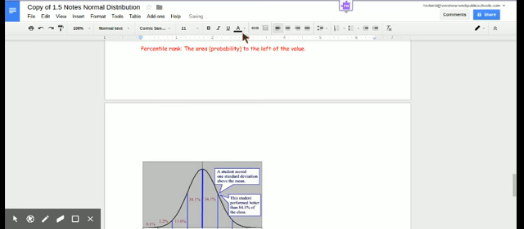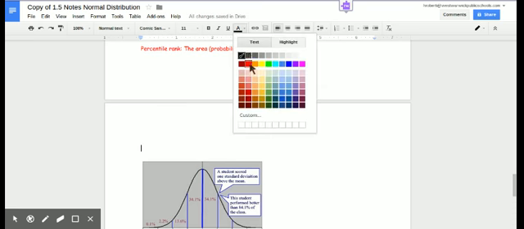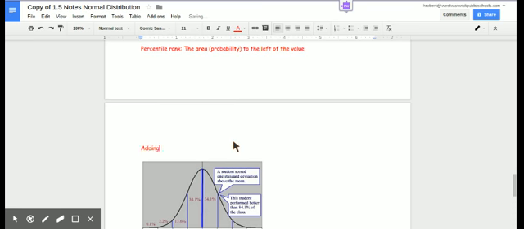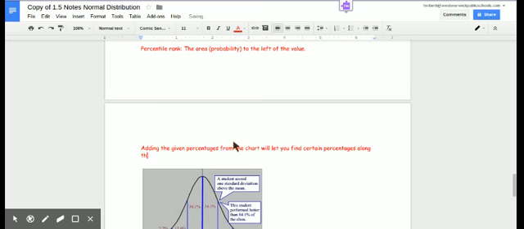And then the last comment I want to make about this is that adding the given percentages from the chart will let you find certain percentages along the curve. And I'll show you what I mean in a second.